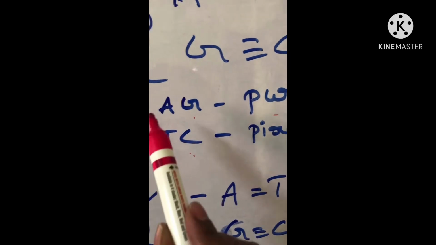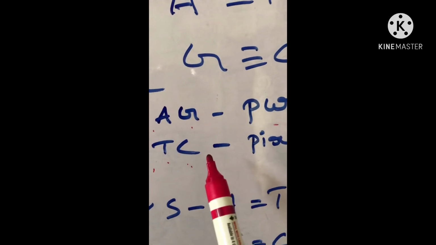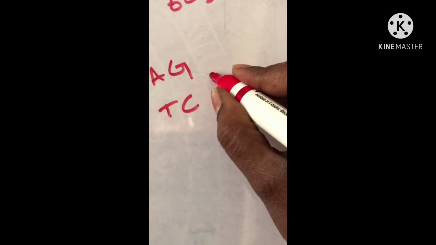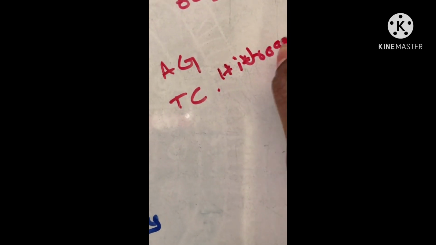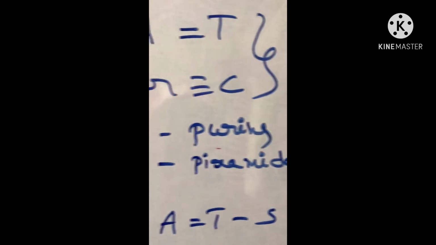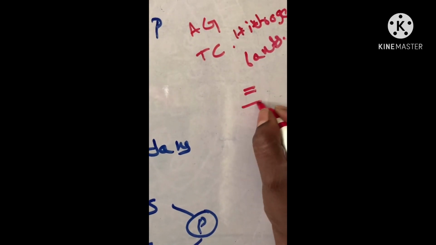Then these adenine, guanine, thymine, cytosine are bonded with hydrogen bonds. These hydrogen bonds are double hydrogen bonds and triple hydrogen bonds.